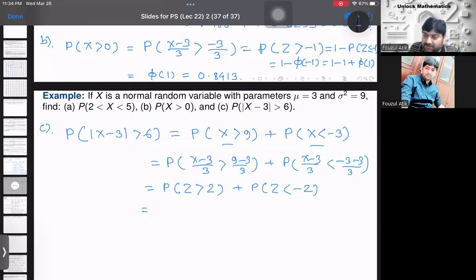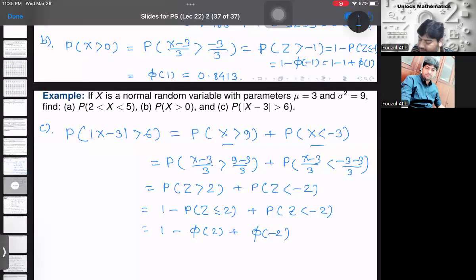P of z greater than 2 is basically 1 minus P of z less than or equal to 2, plus P of z less than minus 2. And then P of z less than or equal to minus 2 means 1 minus phi of 2, plus this one is phi of minus 2.